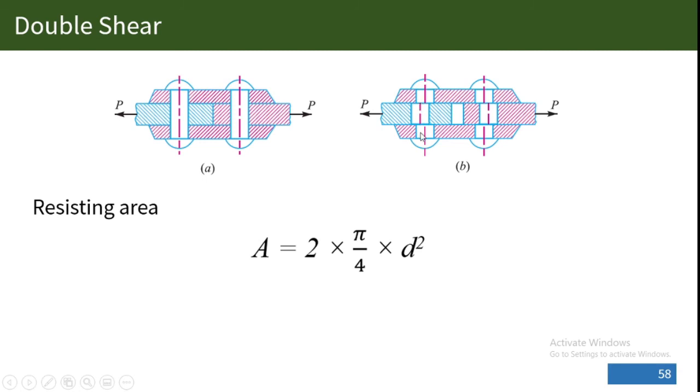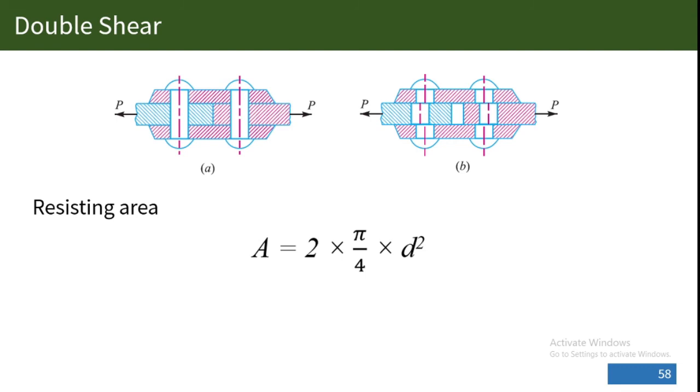Okay. It may be noted that when the tangential force is resisted by two cross sections of the rivet, or when the shearing takes place at two cross sections of the rivet, then the rivets are said to be in double shear. So it involves shearing of two sections of the rivet. Therefore, this is called double shearing.